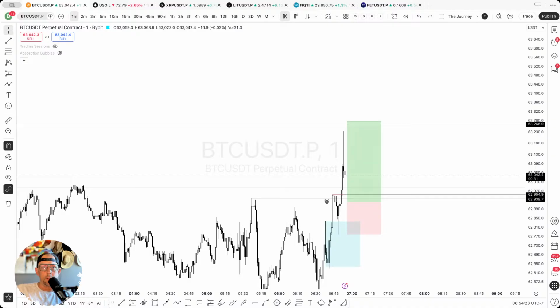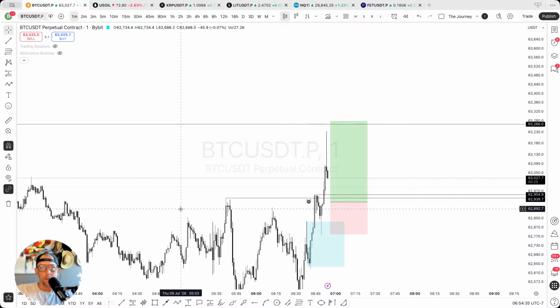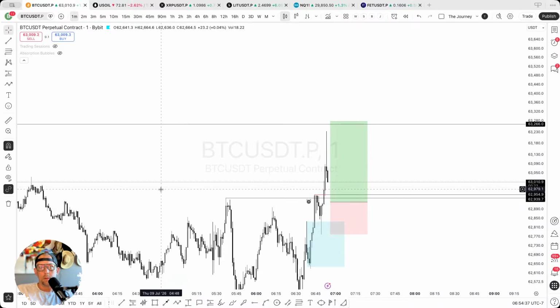Show me your order blocks that don't work. Can we talk about this? Because an order block that works is great, but an order block that doesn't work is still telling you something.